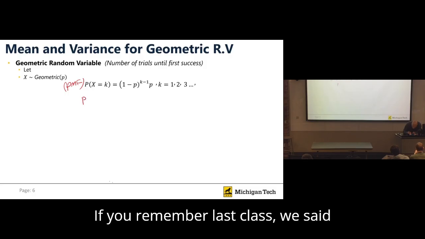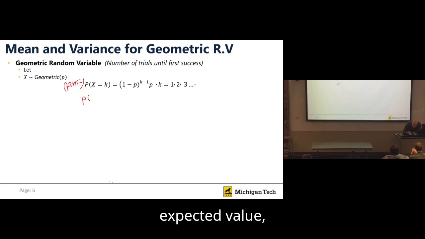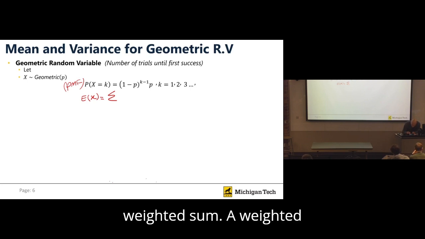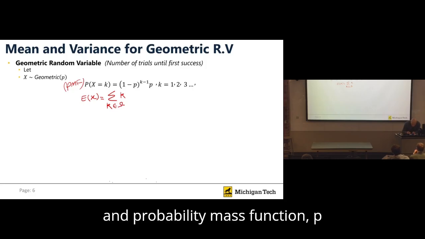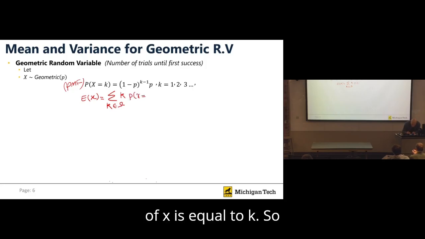If you remember last class, we said the expected value of x is equal to the average, or weighted sum. The sum over all k of k times the probability mass function, P of x equal to k.